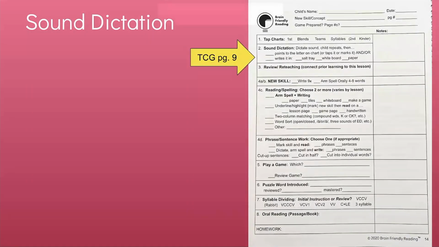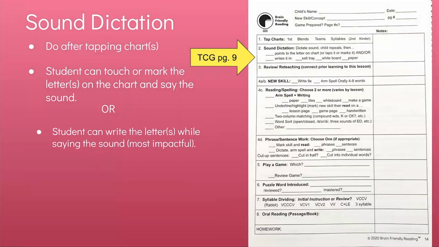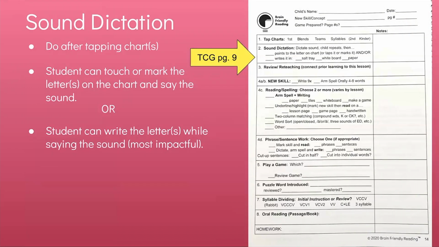On the basic lesson outline, you will find sound dictation listed after tapping the charts. There are two options. You can choose to have the student point to or touch the letters on the chart, or you can have the students write the letter or letters on paper, a salt tray, or on a whiteboard while saying the sound.